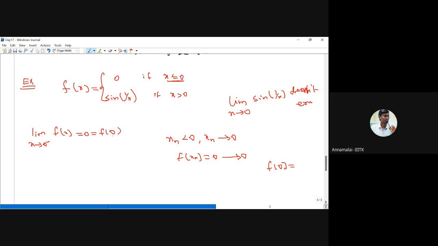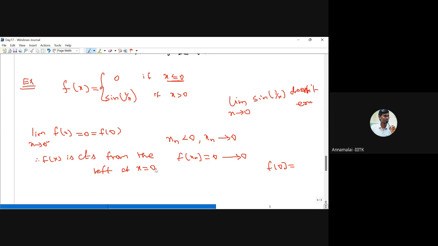So f of x is continuous from the left, not a continuous function but continuous from the left, because the limit as x goes to 0 minus of f of x equals f of 0. The limit exists and is equal to f of 0, therefore it is continuous from the left at the point x equal to 0.